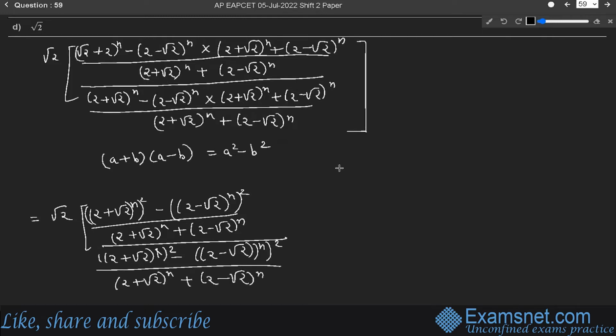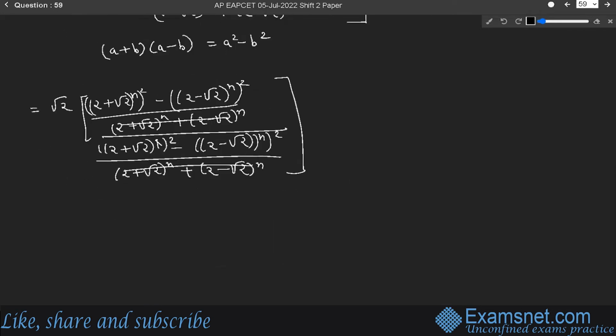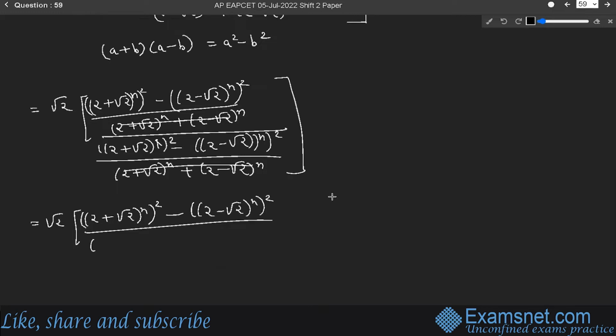Now, both these denominators will be cancelled. So, it will be equal to root 2 into ((2 plus root 2) power n whole square minus (2 minus root 2) power n whole square) divided by ((2 plus root 2) power n whole square minus (2 minus root 2) power n whole square).